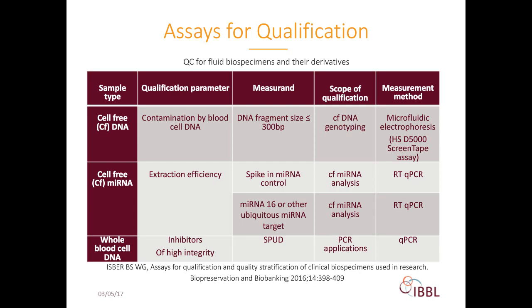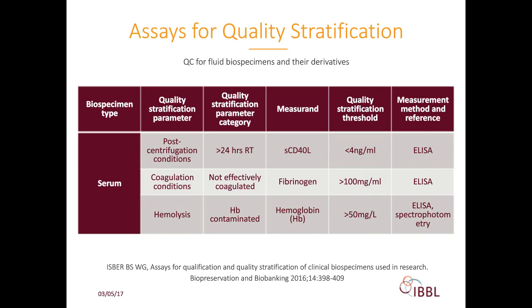The third concept is that of sample quality stratification or categorization. In this case, we cannot absolutely qualify a sample for a specific analytical use. However, what we can do is to put the samples in 2 or 3 categories corresponding to specific pre-analytical conditions, therefore be able to optimize use, avoiding pre-analytical bias.